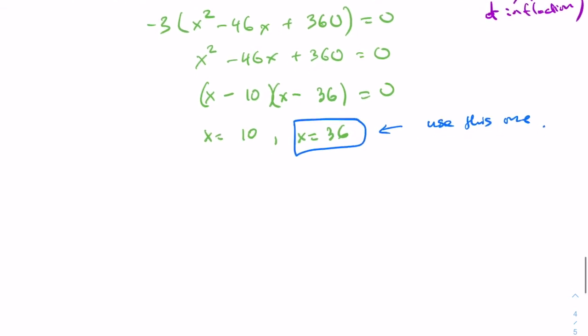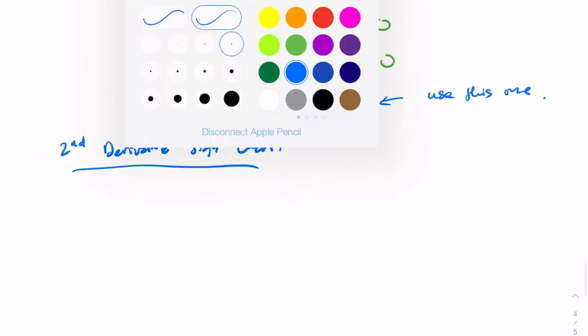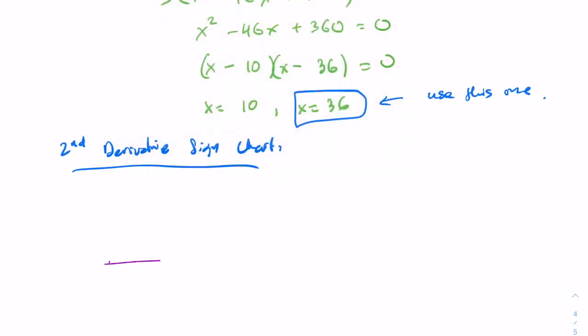So now we can draw the second derivative sign chart. To do that, we draw a horizontal line, which represents the x-axis.